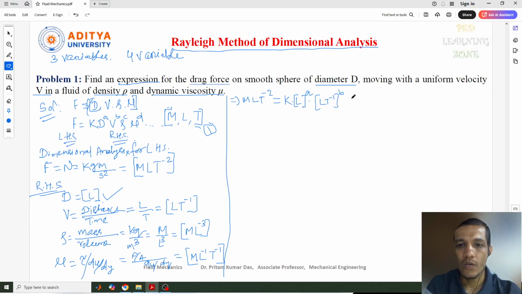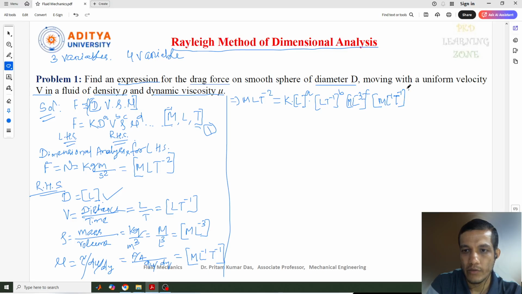Similarly, what is the next one? Density to the power c. The density expression we got there is M L to the power minus 3, to the power c. Finally, mu to the power d, that means viscosity to the power d. The viscosity expression is M L to the power minus 1 T to the power minus 1, whole bracket to the power d.